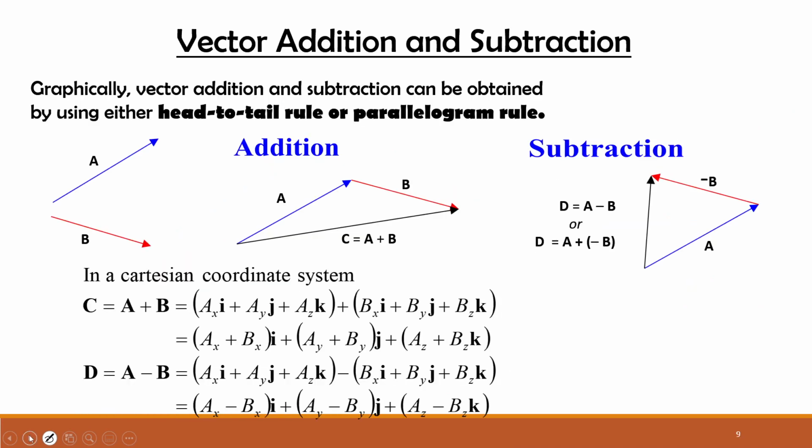Okay, now vector addition and subtraction. Let's say this is vector A, the blue color, and vector B, the red color; they are in different directions.